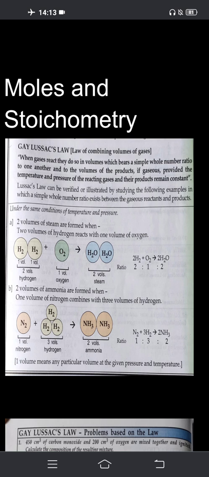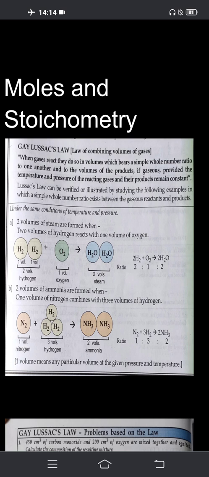Similarly, how is ammonia formed? When nitrogen gas reacts with hydrogen gas under appropriate conditions, it gives ammonia gas. Now let us take a look at the reaction. One volume of nitrogen gas reacts with three volumes of hydrogen gas to give two volumes of ammonia. So what is the simplest whole number ratio between the reactants and the products?